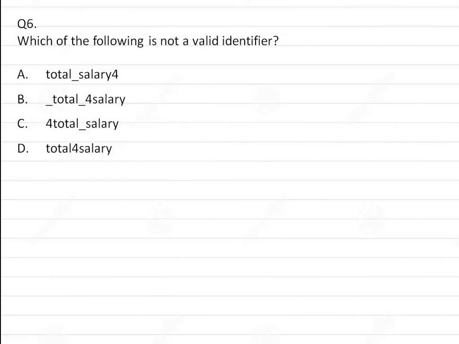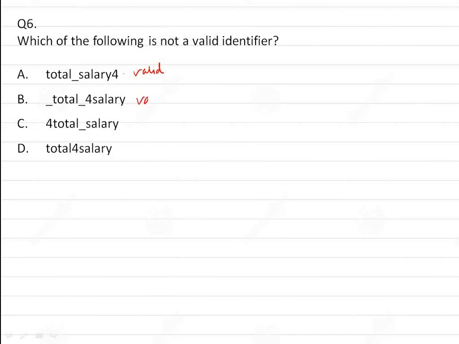Then we have to identify which of the following is not a valid identifier. We know that for an identifier, the first character should be a letter or an underscore, and an identifier cannot begin with a number. As you can see, this is a valid identifier. It contains alphabets, underscore and number.